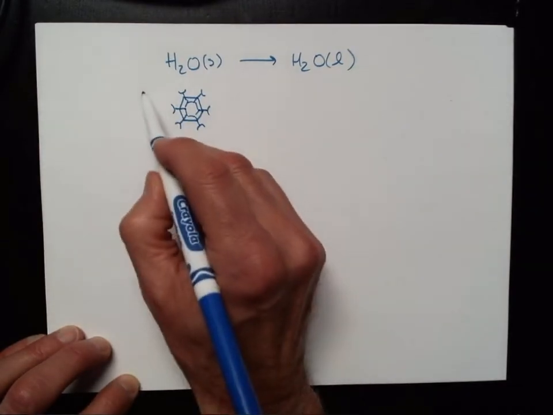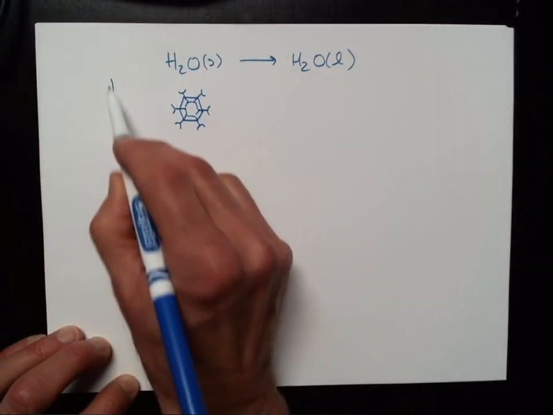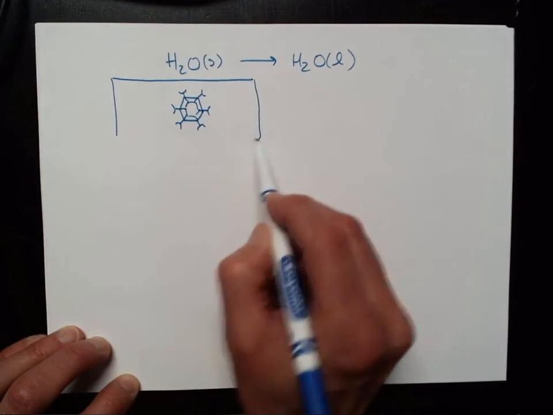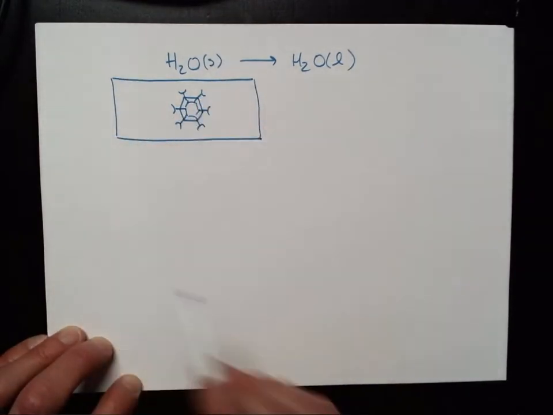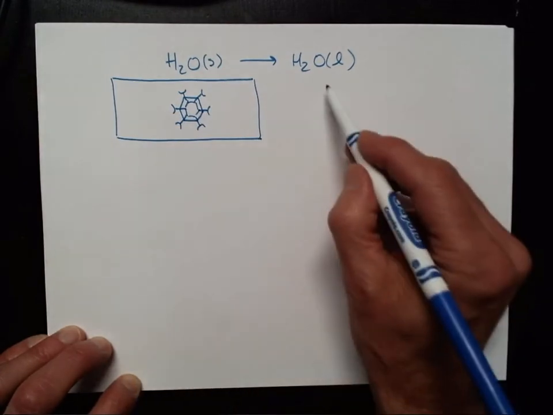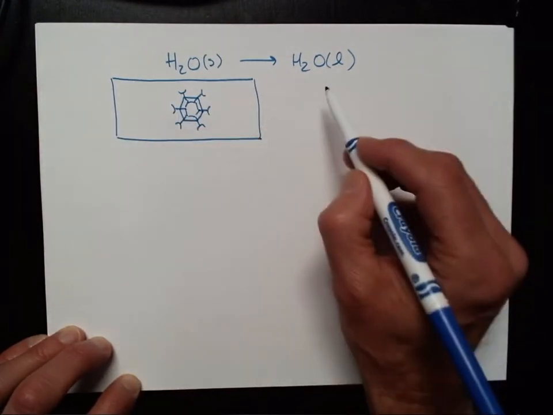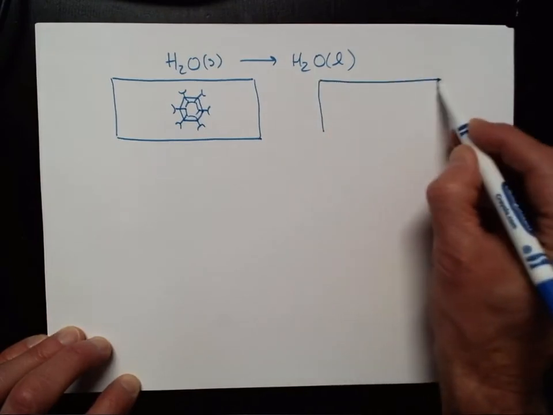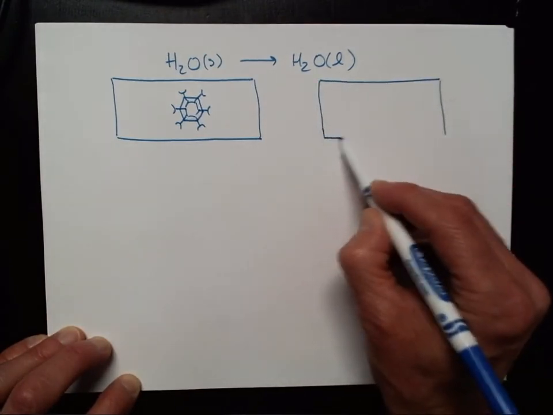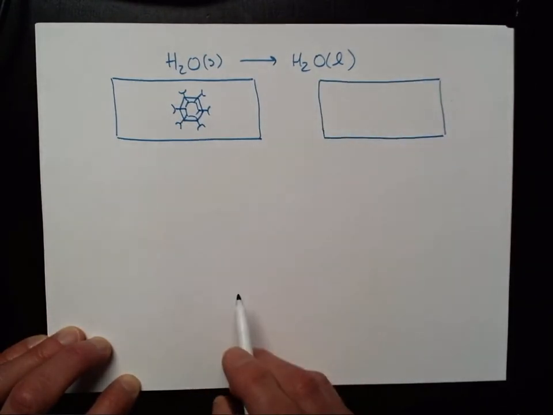And we're going to go ahead and place this in a box, like that. So that's my arrangement of my solid in my surroundings, which is designated as the rectangle. And then over here, I'm going to draw the liquid form of this.